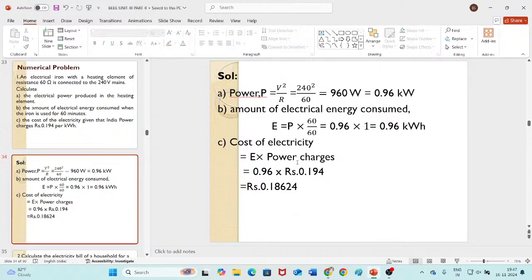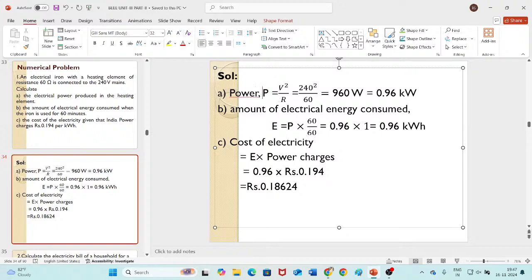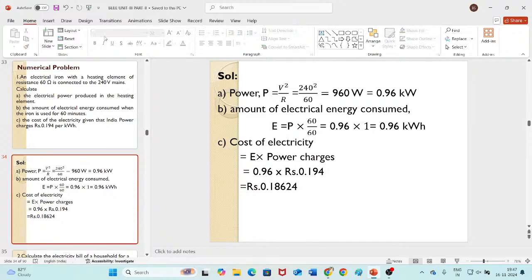Here we have considered only one appliance, isn't it? We didn't consider all the appliances in our houses. It's only one appliance, the iron box. So if that iron box is operated for 1 hour, the cost of electricity consumption is around 0.18624.